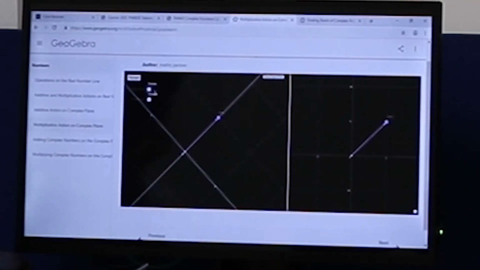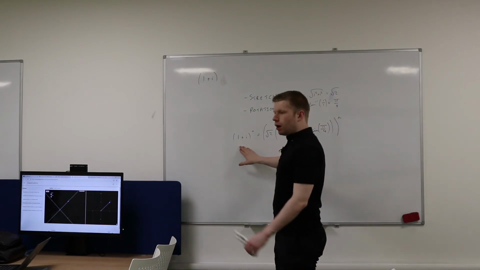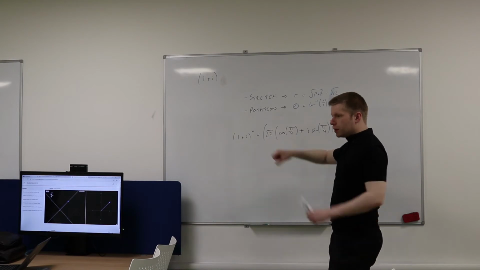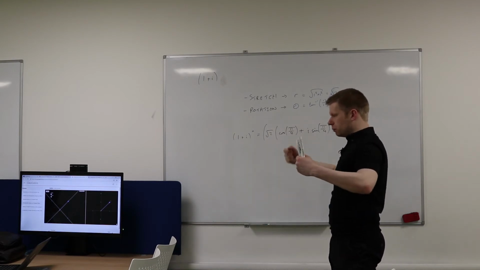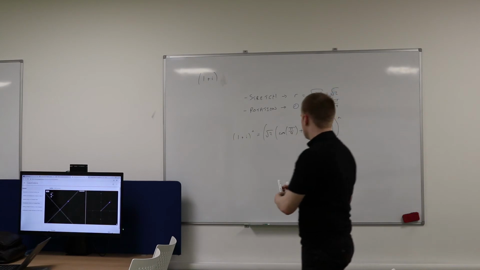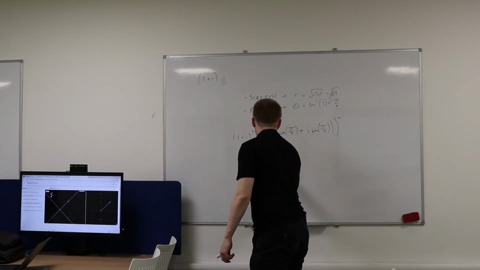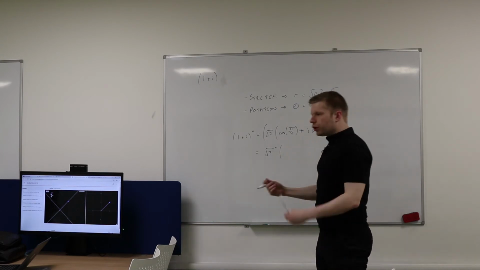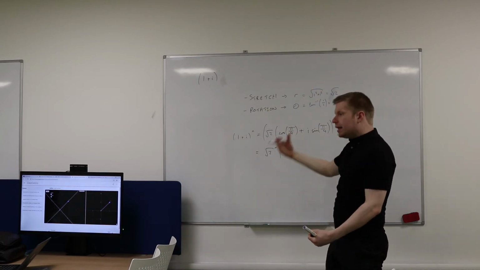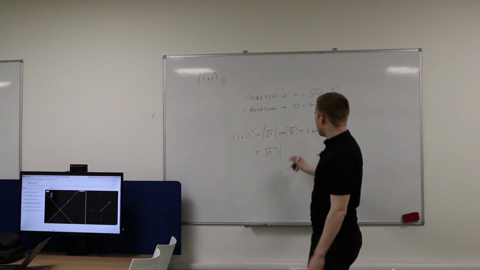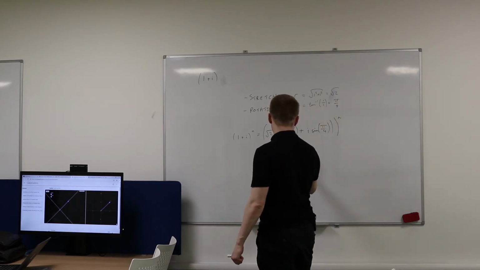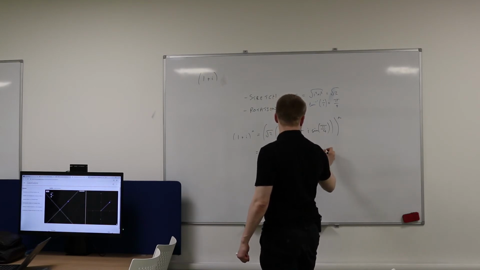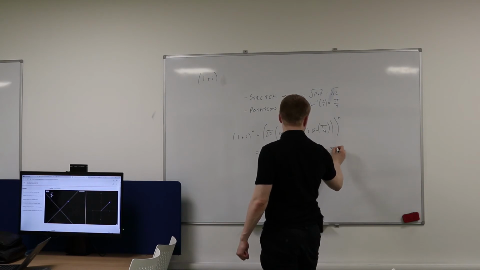So if we keep multiplying by 1 plus i, we keep stretching by a factor of root 2, so the new modulus will be root 2 to the power of n. You keep stretching the plane by a factor of root 2. But you also get that rotation n times, however many times you've rotated it. So you're going to get cos of n pi by 4 plus i sine of n pi by 4.